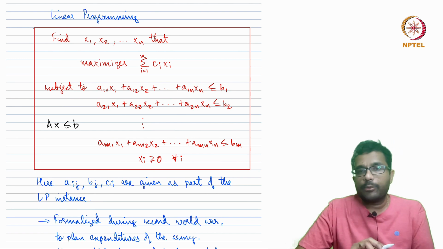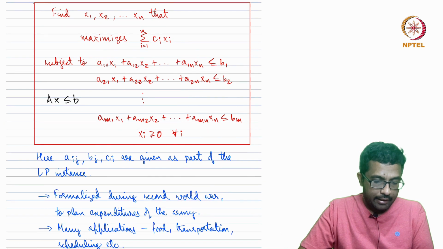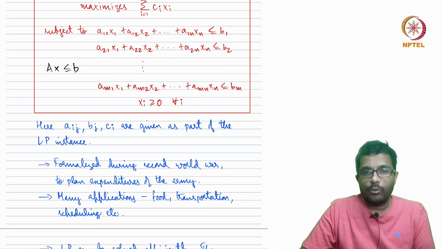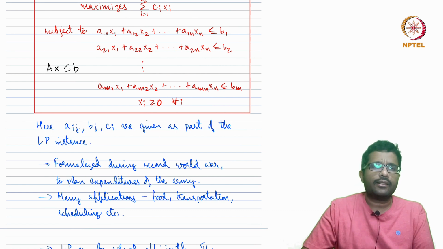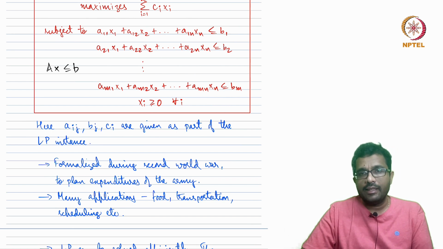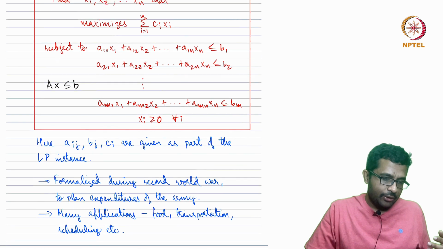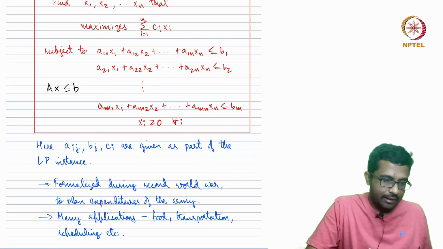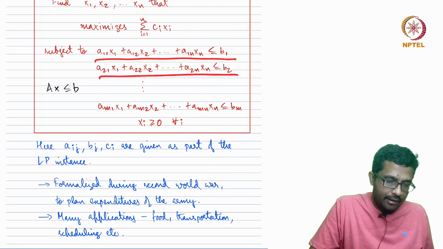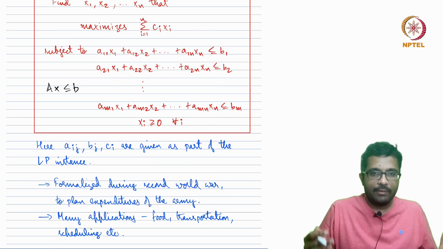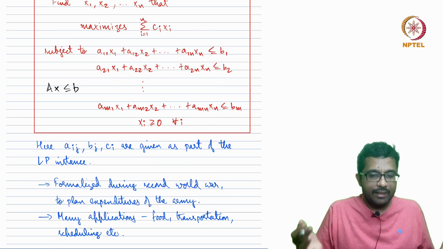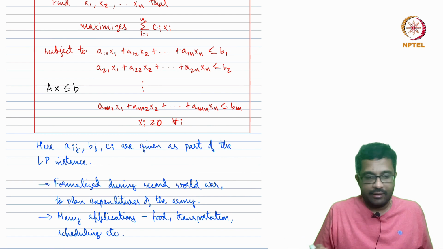So that is a linear programming problem, and it was formalized during the Second World War. I think somebody from the Russian side formalized this because you have some constraints, and you want to maximize, let's say, the benefit.